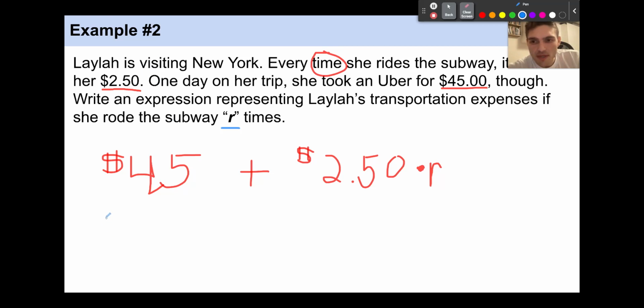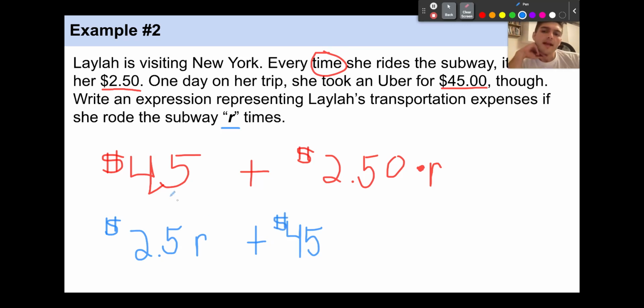So we can actually rewrite this as 2.5 and just put the R there, times R, and add it to 45. And we don't even need the 0.00. This is a cleaner way of saying the same thing you see in red.